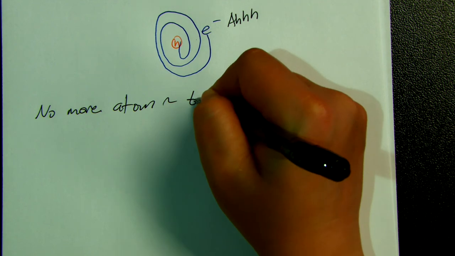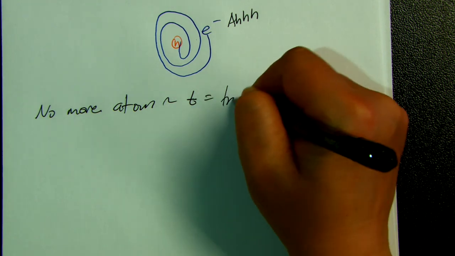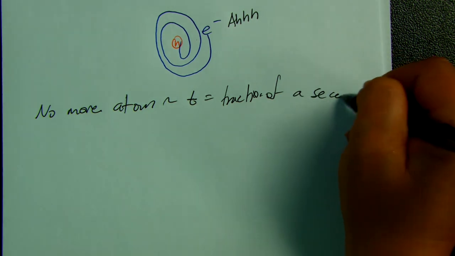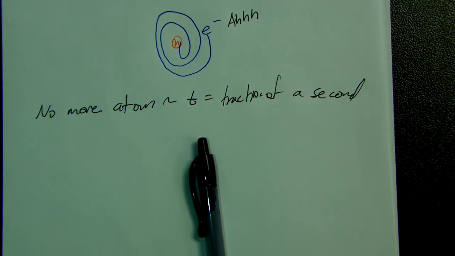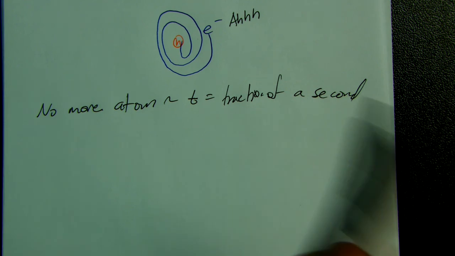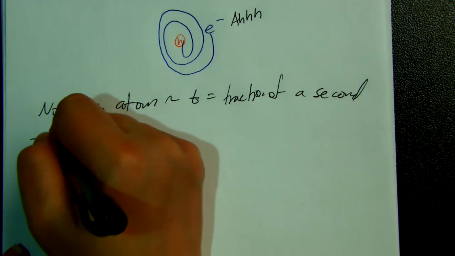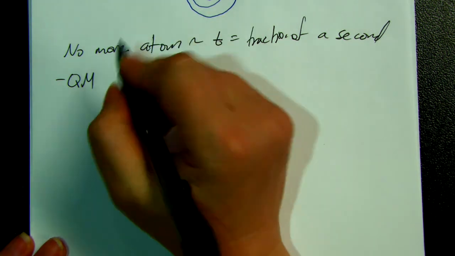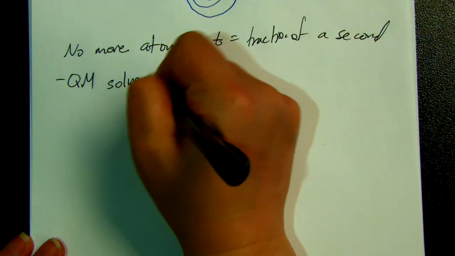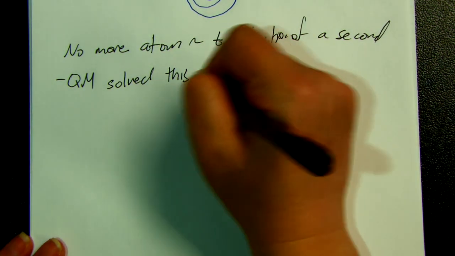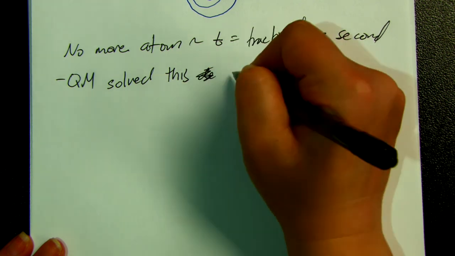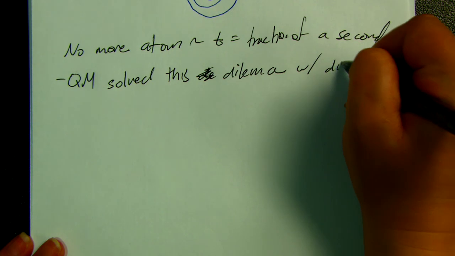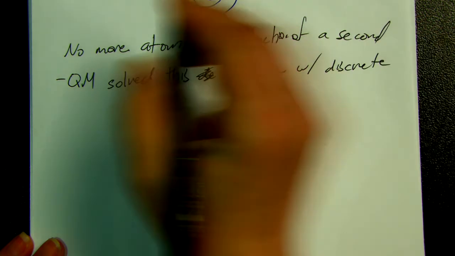And this would happen in t equal to a fraction of a second. The whole universe demolished. Enter quantum mechanics. Quantum mechanics solved this dilemma with discrete energy.